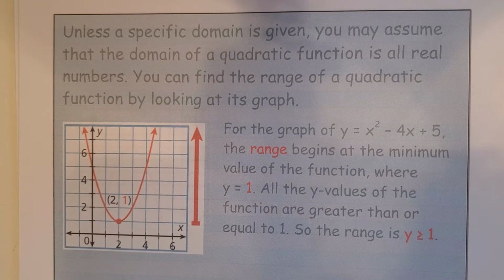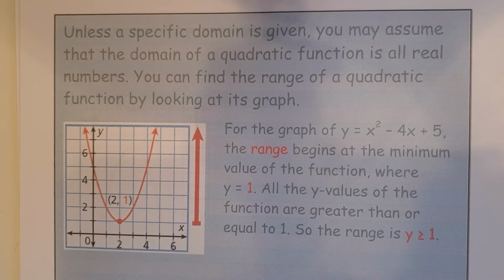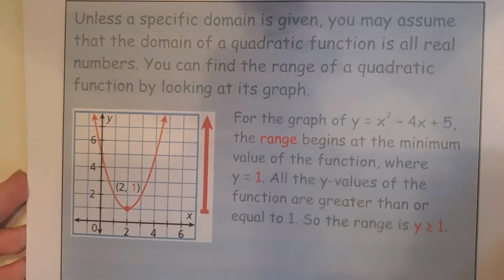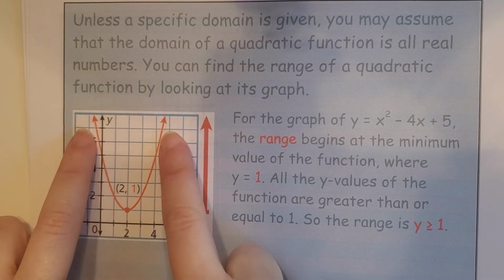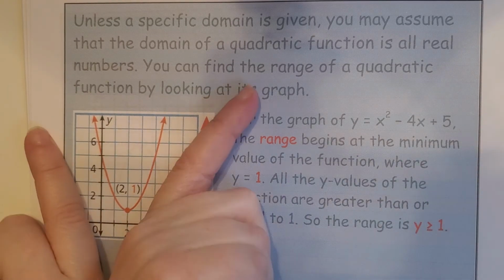If you guys don't remember, when we talk about domain in general, domain is just all the possible x values, and range is all the possible y values. These arrows up top, I might have mentioned this a really long time ago, not only go up, but also out.